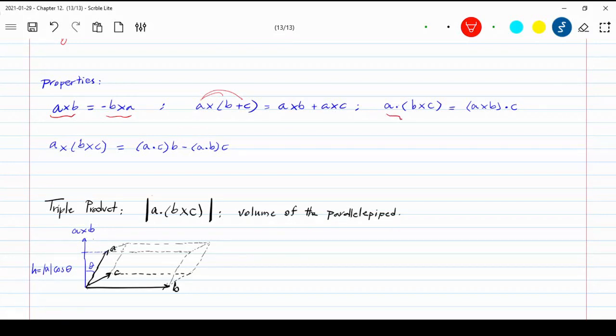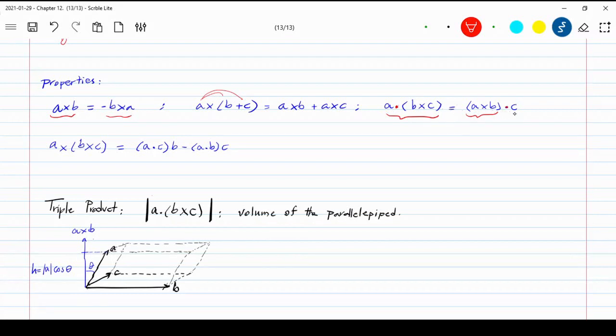Here's one important one. This is called the scalar triple product or something like that. I don't really remember the name. But if you do A dot, this is the dot product, with the vector B cross C, it turns out to be exactly the same as A cross B dot the vector C. You can prove this by writing down A as A1, A2, A3, B as B1, B2, B3, and go through all those calculations.